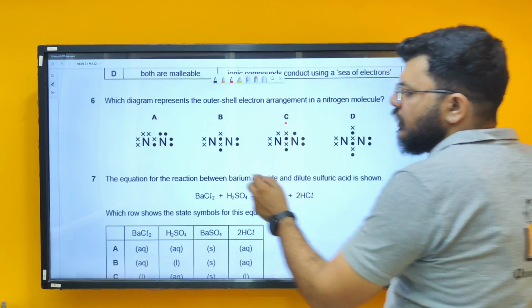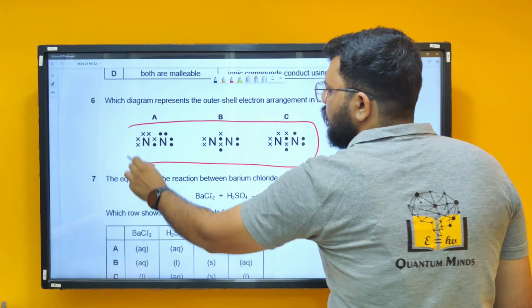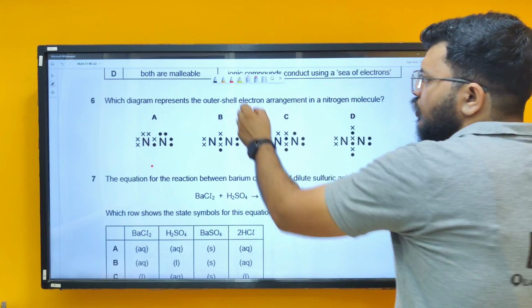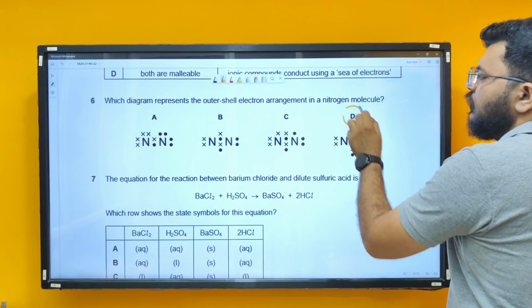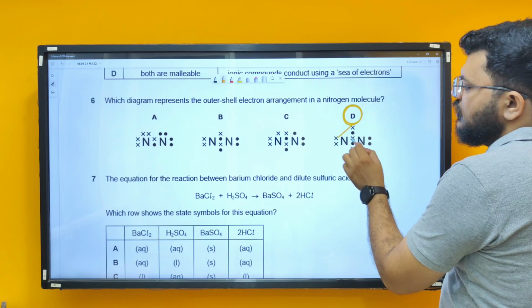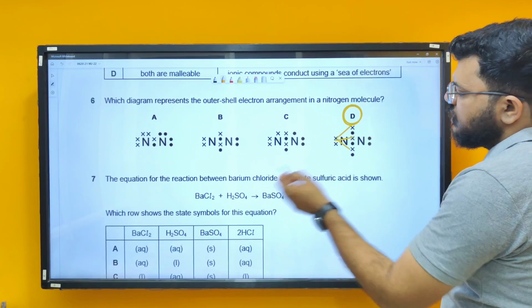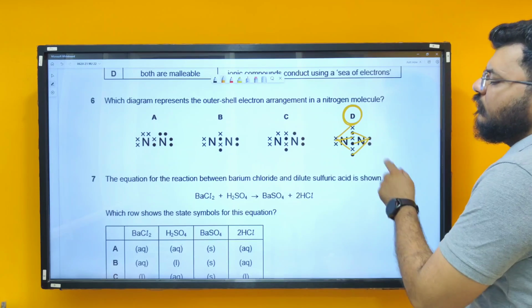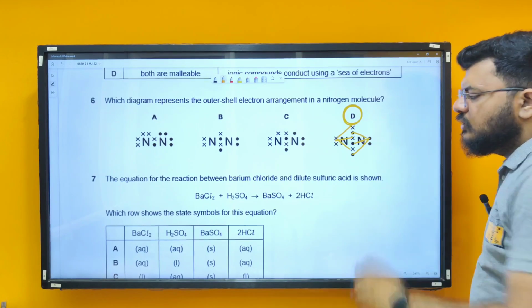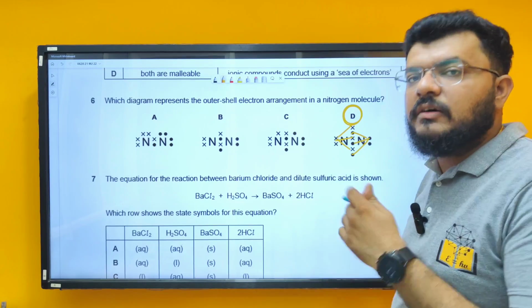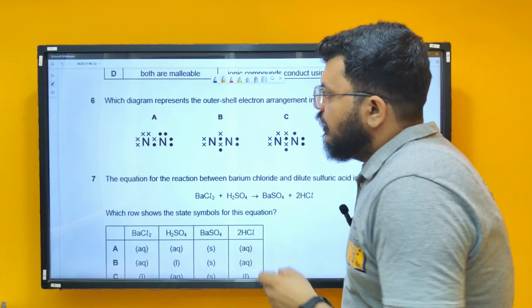And if you notice, in all 3 of them, the outermost shell of nitrogen is also not filled. So without even looking, D must be your correct answer, and it is, because these 3 electrons belong to this nitrogen, these 3 electrons belong to this nitrogen, and if you count the number of electrons, they are 8 for the outermost shell of each nitrogen after sharing.